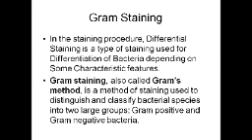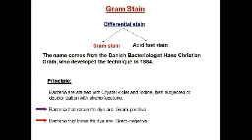In Gram staining, the characteristic feature is cell wall composition. Gram staining is also named Gram's method, and the method is used for staining and classifying bacterial species into two larger groups, that is gram positive and gram negative bacteria.